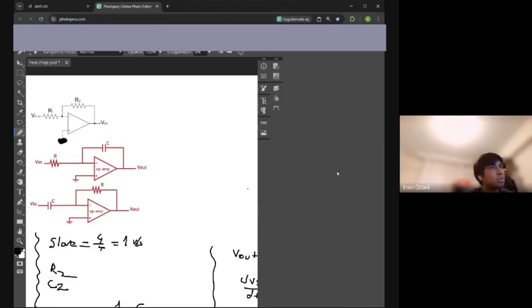Now consider the circuits connected in parallel, and their outputs are summed using a unity gain summing amplifier.